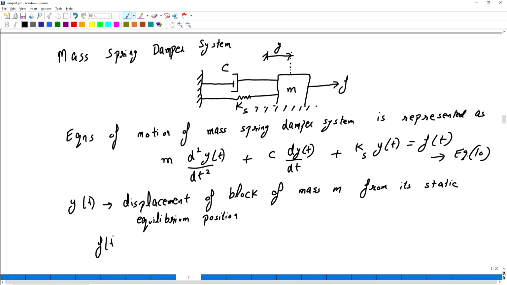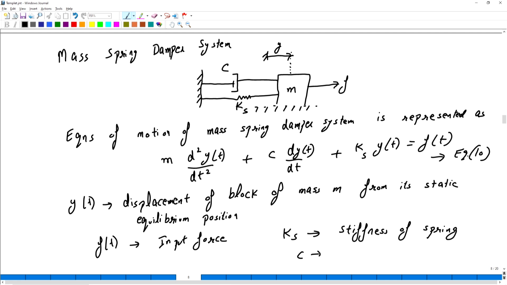F of t is nothing but the input force. Ks represents the stiffness of the spring. And C is the damper.